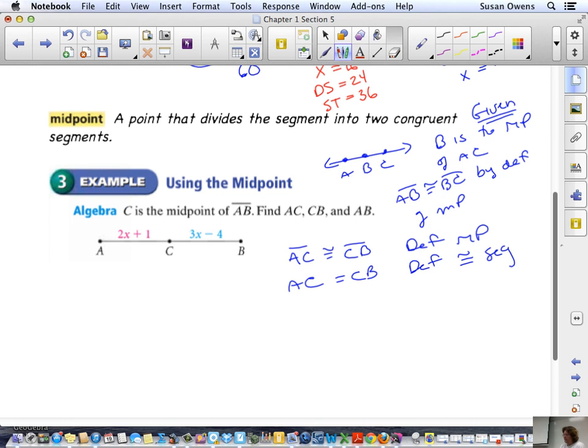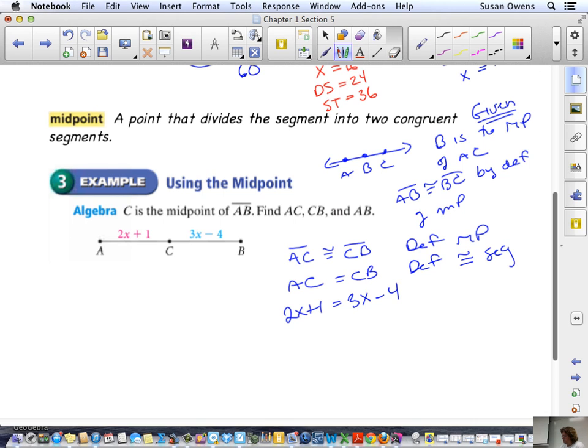And then what I can do is I can say, well, then 2x plus 1 equals 3x minus 4. And if I was doing this in a proof, that would be the substitution property of equality. All I'm doing is taking out the AC and putting in what the value is, and then I can solve. Now I'm not going to write the rest as a proof. We're not there until like the end of chapter 2, but I'll continue algebraically.